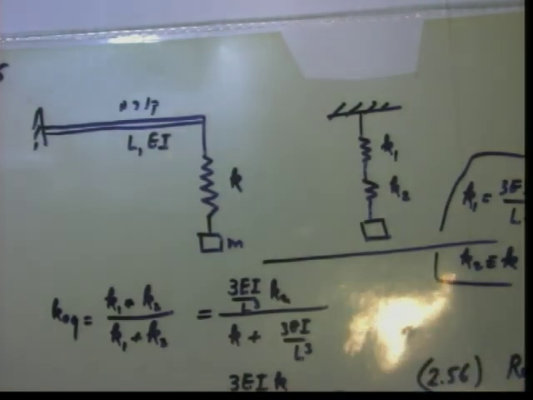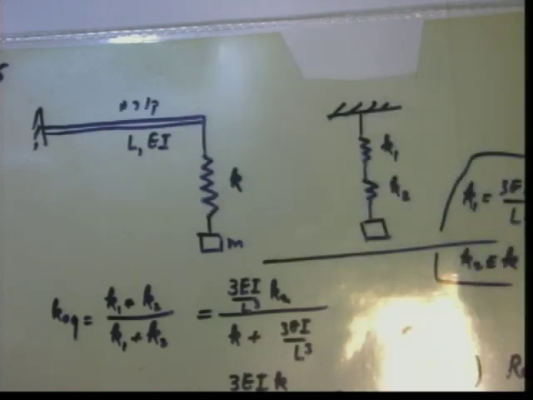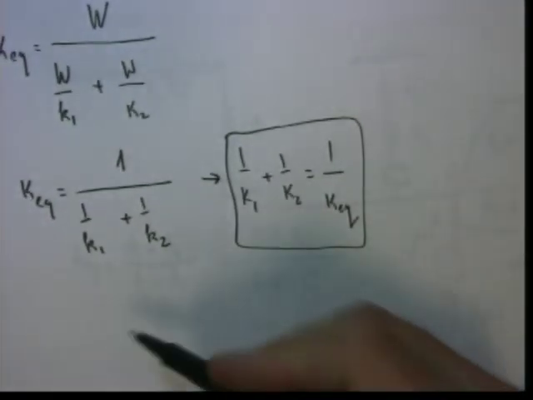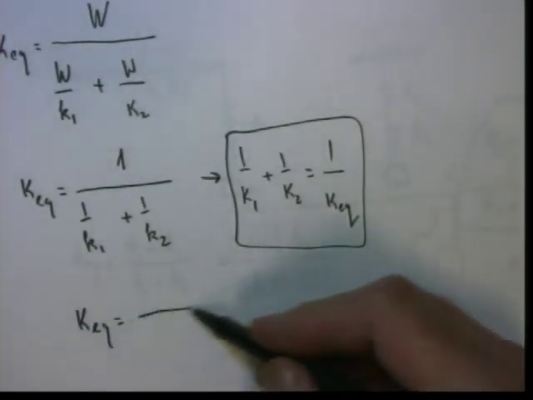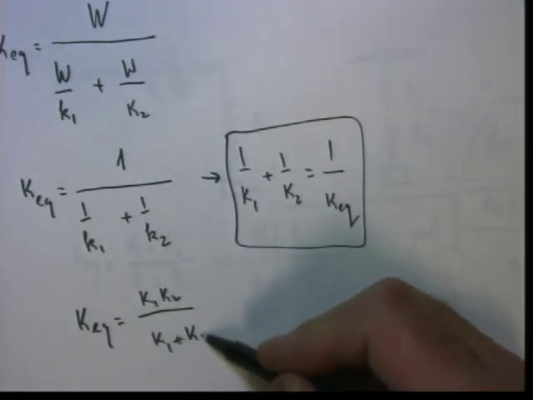Like this. This beam, look please, is acting like this. So therefore, this is springs in series. And the formula that we have is this: K equivalent equals 1 over K1 plus 1 over K2, or K equivalent equals K1 K2 divided by K1 plus K2.